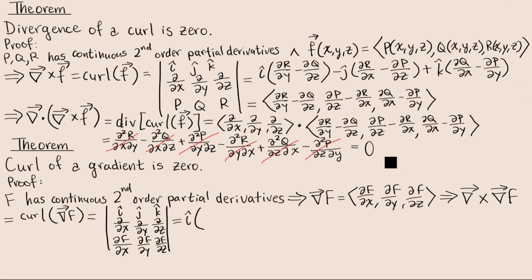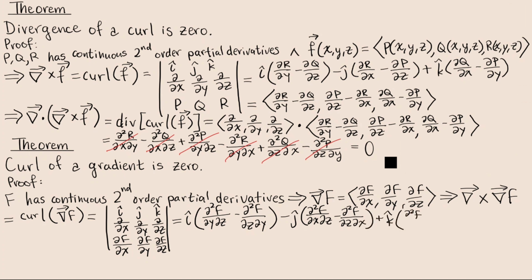It's equal to i times partial squared f over partial y partial z minus partial squared f over partial z partial y, minus j times partial squared f over partial x partial z minus partial squared f over partial z partial x, plus k times partial squared f over partial x partial y minus partial squared f over partial y partial x.